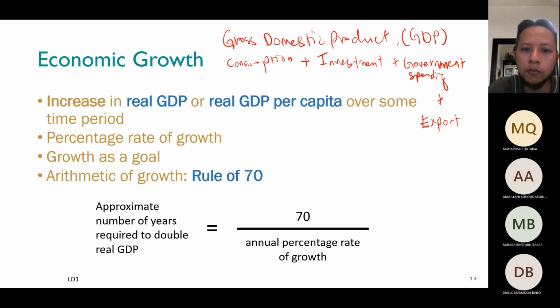plus how much a country exports. Export means the country sells. So if you produce something in a country and you export it, you sell to another country. Then you minus the import. Import is how much you buy from a country outside your own. This is basically net export.